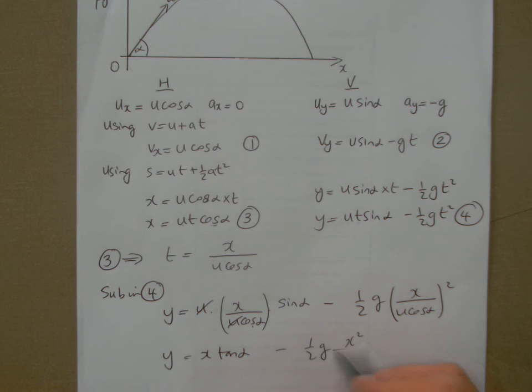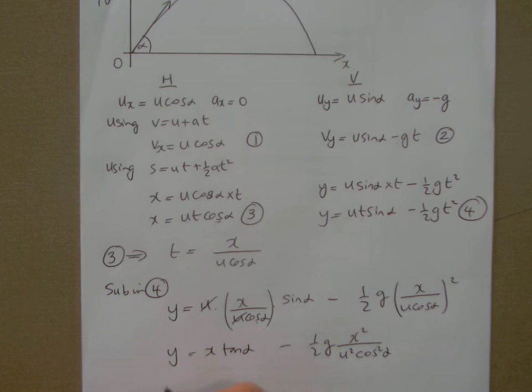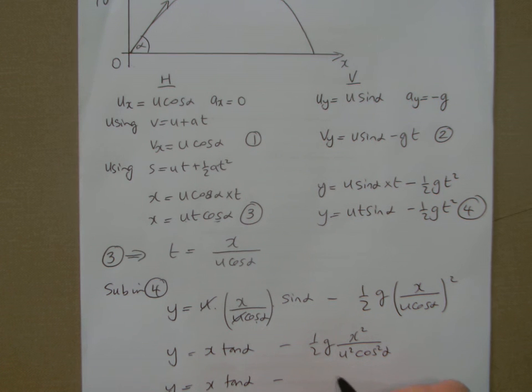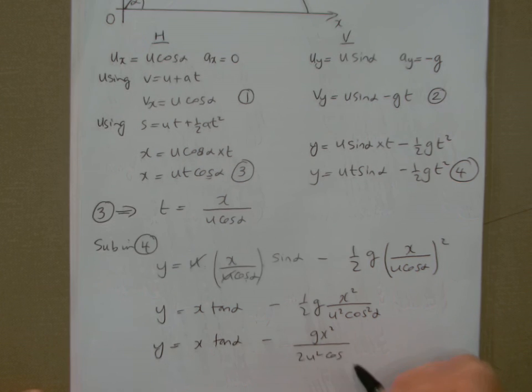So it'll be x squared in there, and on the bottom it'll be u squared cos squared alpha. And then we get exactly what they want. So the g can go on the top, gx squared over 2u squared cos squared alpha. So there's my general result.